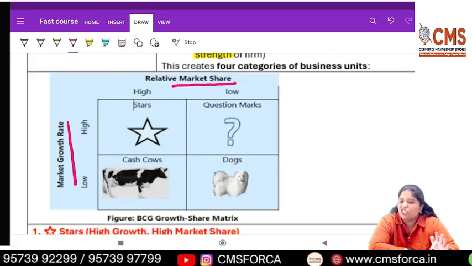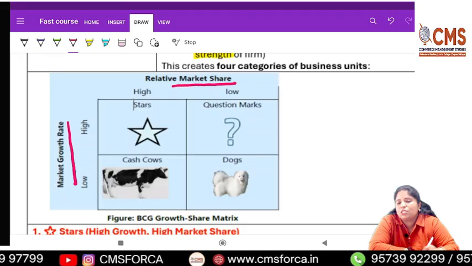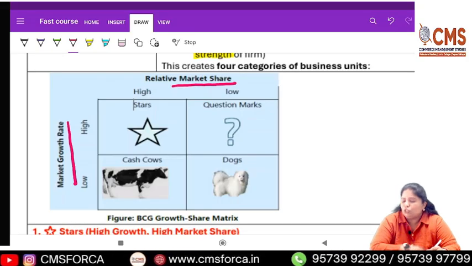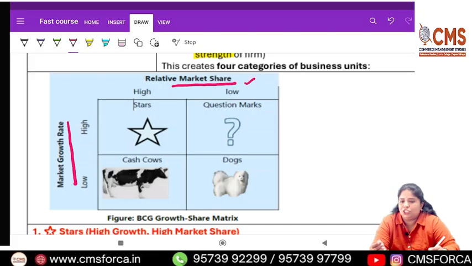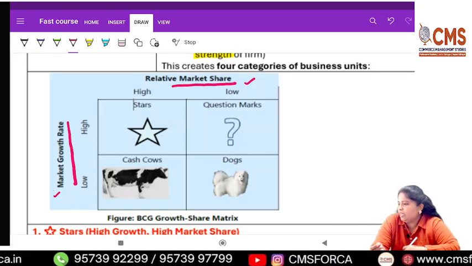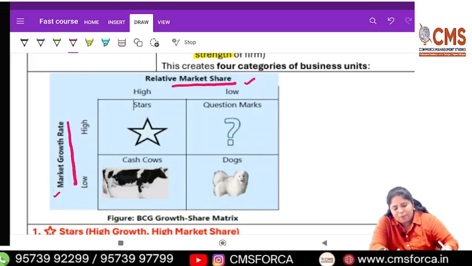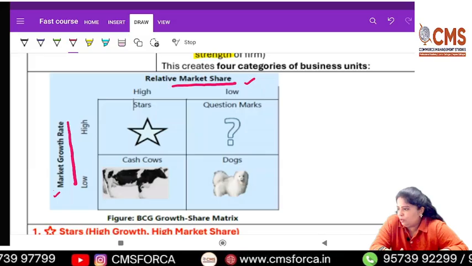So it's actually a 2 by 2 matrix, with 4 cells. On the horizontal axis, we have market share, and on the vertical axis, market growth rate. Comparing these two, we have 4 possible scenarios.